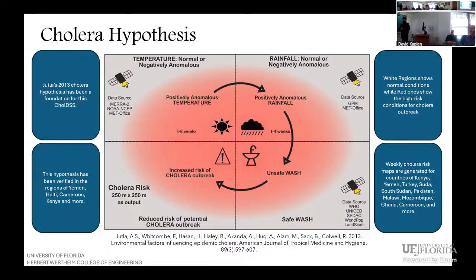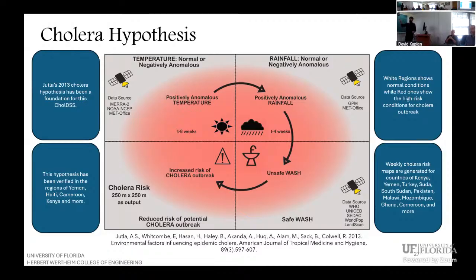Let's say that there is higher than normal sea surface temperature and higher than normal air temperature in a region from the past 2 months, followed by, from the past 1 month, more than average rainfall. When these 2 conditions are met, in combination with unsafe sanitation and drainage conditions, or the WASH conditions, they incredibly increase the risk of cholera outbreak in that region.